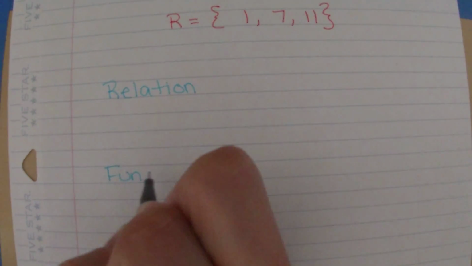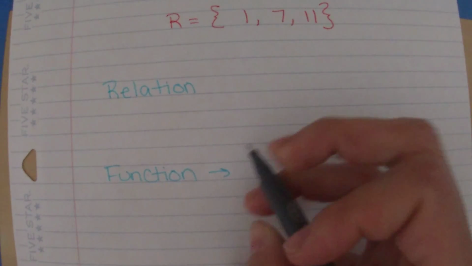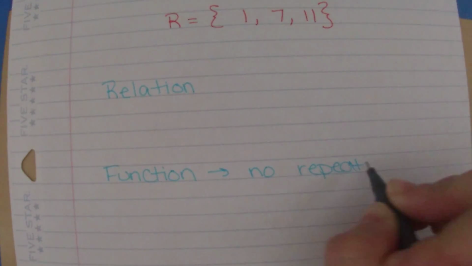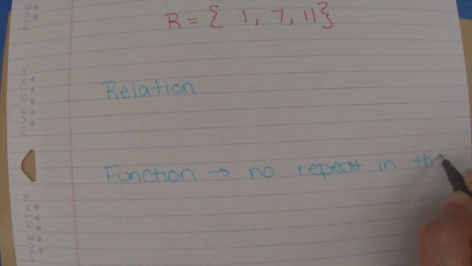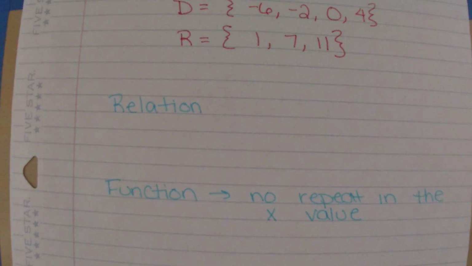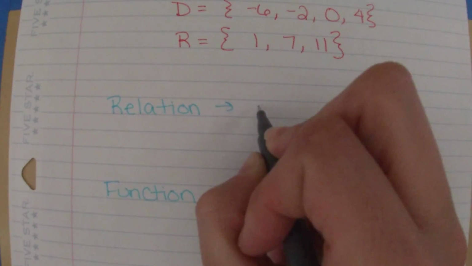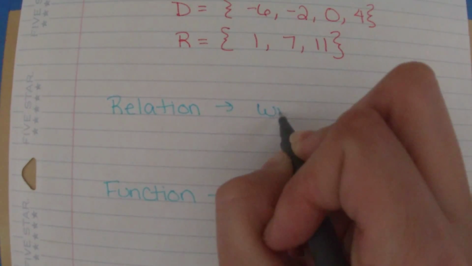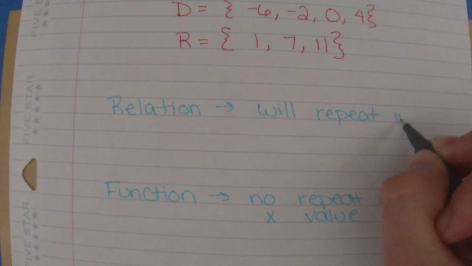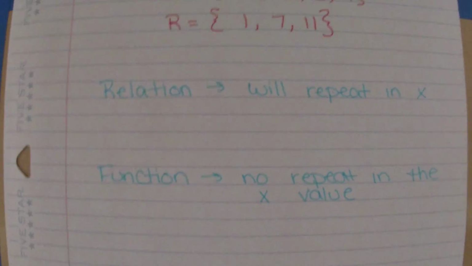But if we're the specific type of relation that we call a function, then we are going to have no repeat in the X value. If it's just a relation and it doesn't qualify as a function, then it will repeat in the X. The Y can do whatever it wants to do, but it's the X that we have to be concerned with.